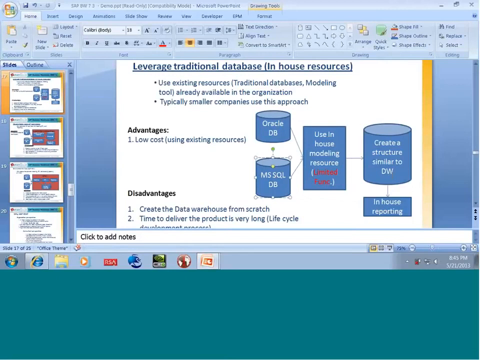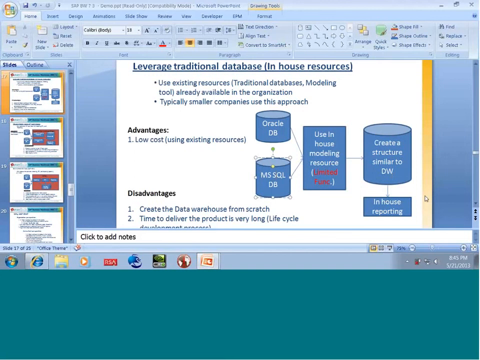Talking about leveraging traditional databases, the company doesn't want to spend too much money. They want to tap into the existing data and resources available in the company and come up with some intelligent reporting with that.